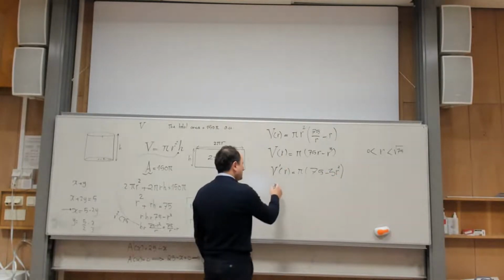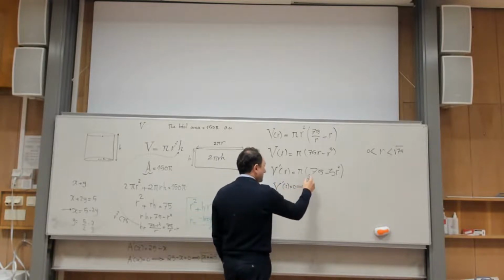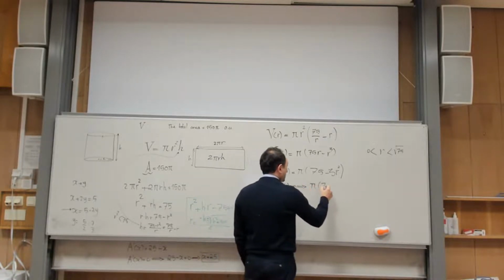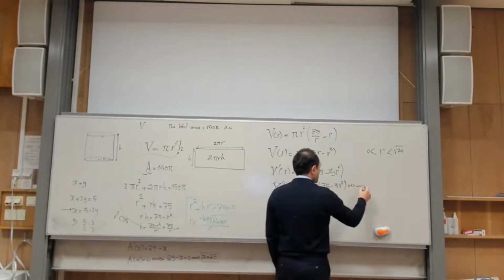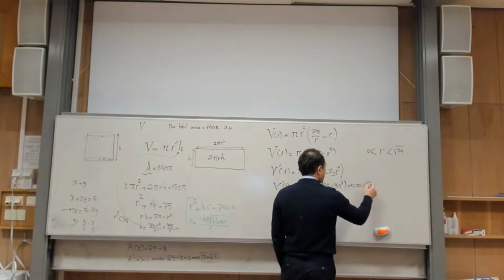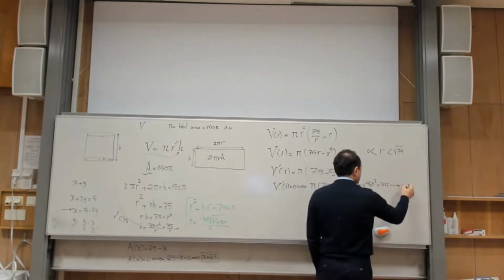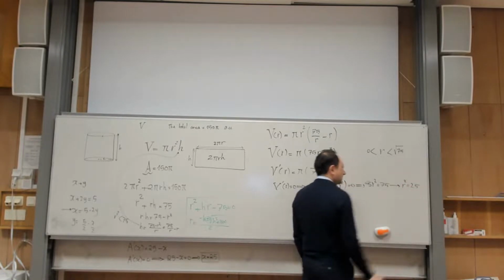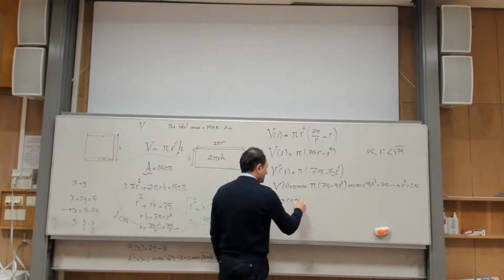And then you have to put this equal to 0. This gives me pi times (75 minus 3r squared) is 0. Then this means that 3r squared is 75. This means that r squared is 25. And this means that r is either plus or minus 5.